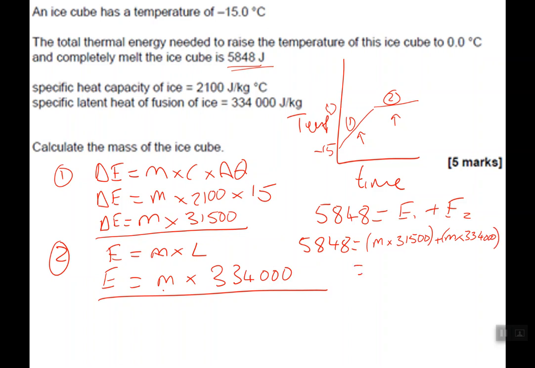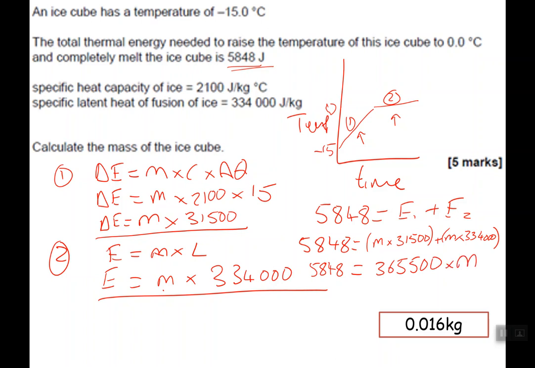So if we simplify this, 31,500 plus 334,000 M, you should get 5848 is equal to 365,500 times M. Now, a nice bit of algebra here.